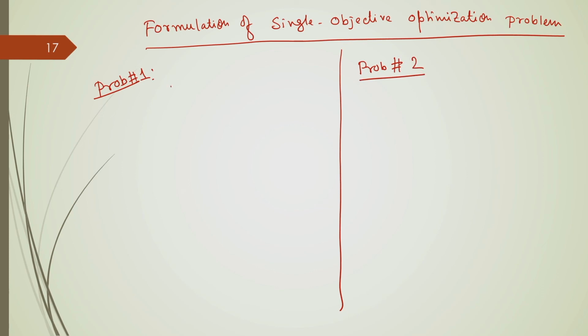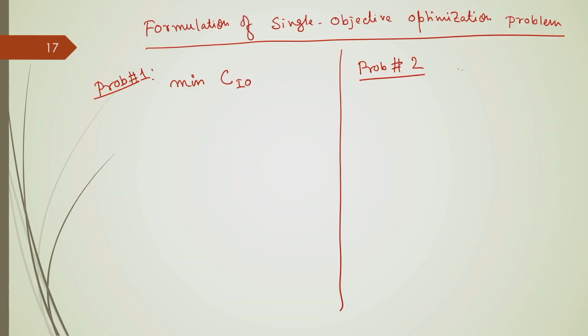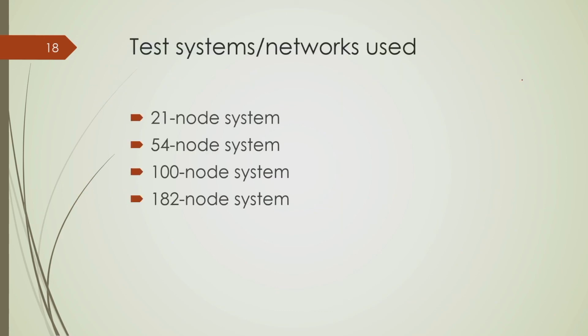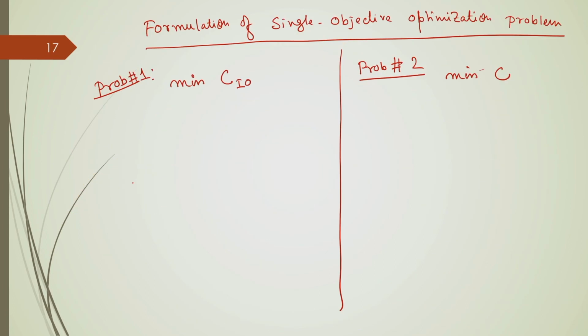So, in problem 1, our objective function is minimization of CIO, that is minimization of the interruption, installation and operational cost CIO. And in problem 2, our optimization problem is minimization of CIN. IN stands for interruption, CIN. Okay. So, this is one problem and this is another problem. Both are constrained problems.